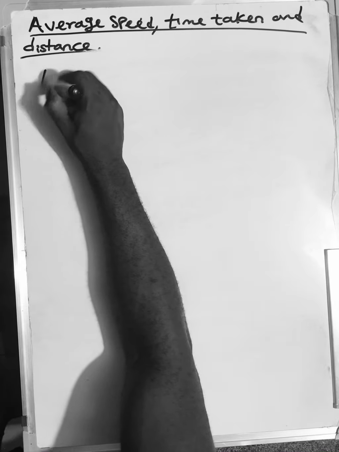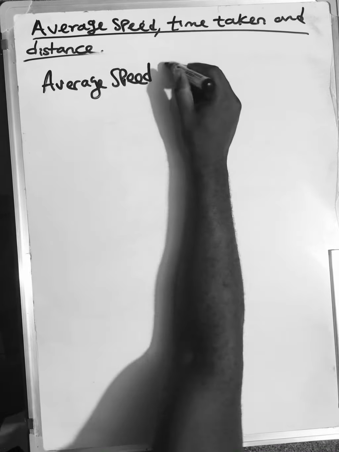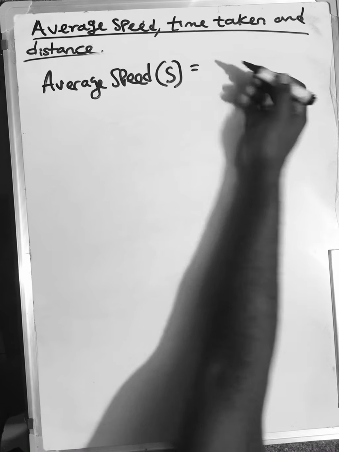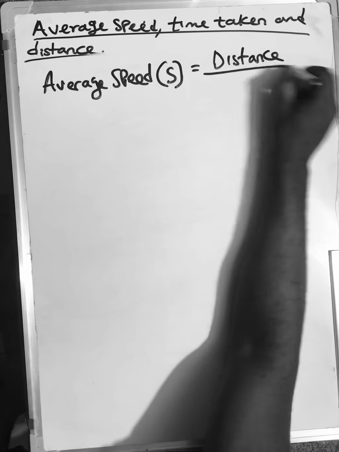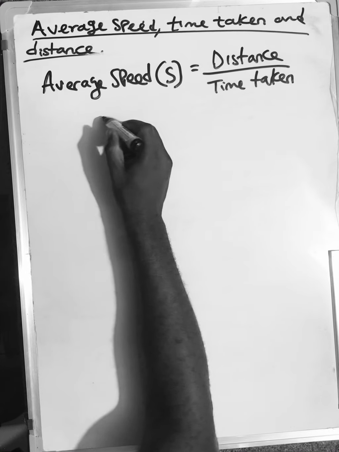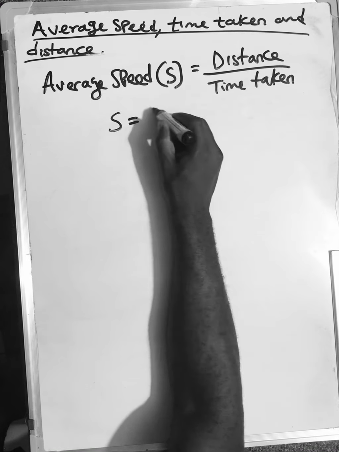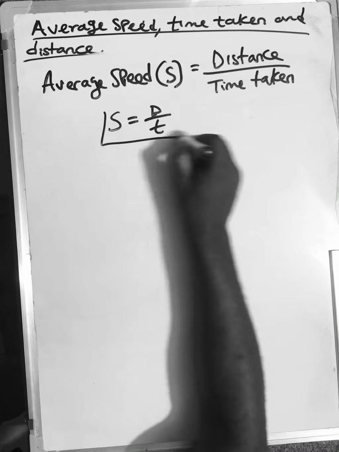Now, when you are solving problems in average speed, time taken, and distance, you must make use of formula. The formula for finding average speed is S, distance all over time taken. So we can simply use S is equals to D over T. That is the formula.